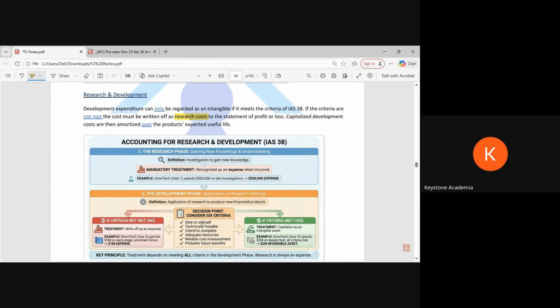I think I can share that also. That shortcut will help. Just remember the word PIRATE when you think of IAS 38, and you will understand what it is.